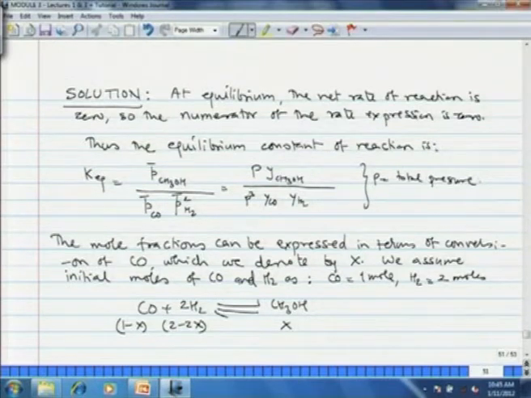We have been given fugacity coefficient equal to 1. So, we can directly convert the fugacity in terms of mole fractions. The fugacity is equal to total pressure P of the reactor into y CH3OH, the mole fraction of methanol.